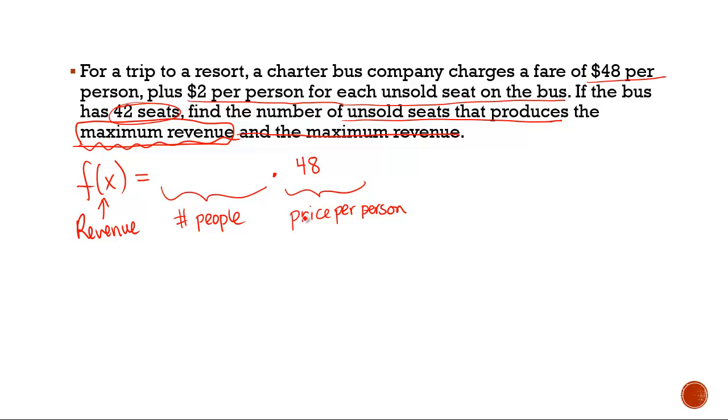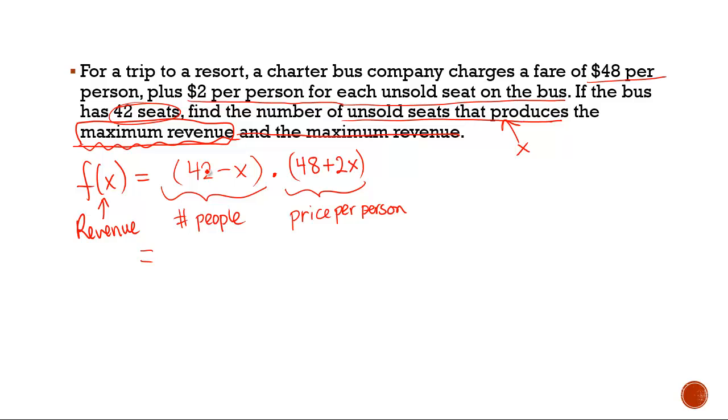So if there's x unsold seats, then that would be $48 plus 2 times the number of unsold seats. That would be the price per person. The number of people, however, is 42 take away the number of seats that were not filled. And now we have an equation that we can continue with.